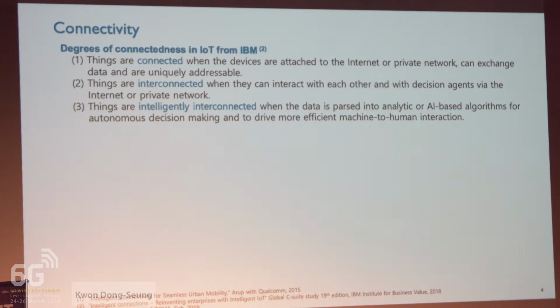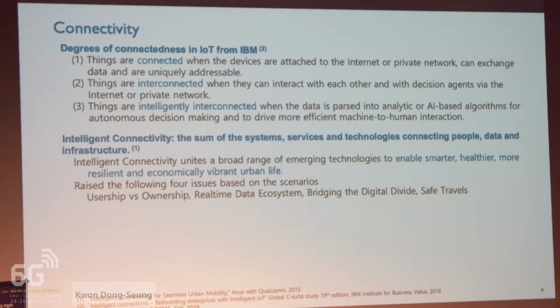When IBM worked on IoT issues to make money, they categorized it this way. I'm focusing on intelligent connectivity: sending the data to the edge or elsewhere to be analyzed in a more efficient way to exchange data, and working on efficient machine-to-machine or machine-to-human interactions. Current 5G has tackled this, and we have to do that without any further enhancement.